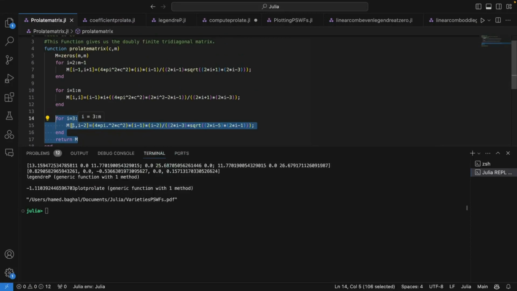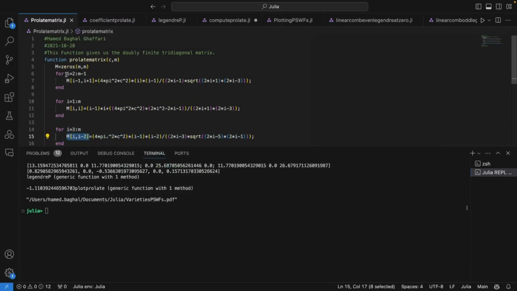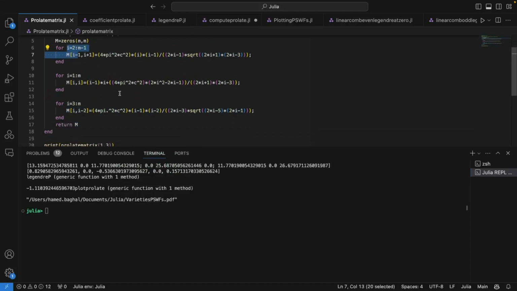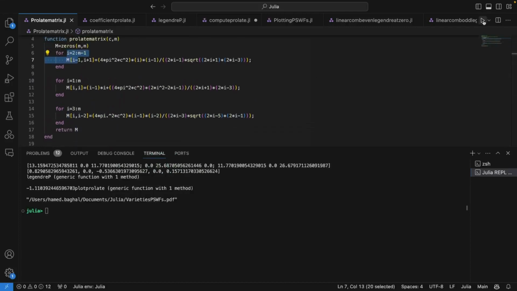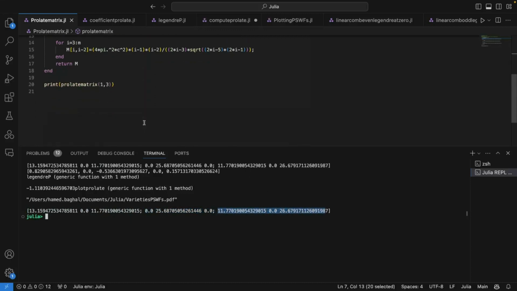Okay, actually this one is the upper diagonal, and this one is the lower diagonal. So we can see that this is the matrix: the first row is here, the second row here, and the third row is here.